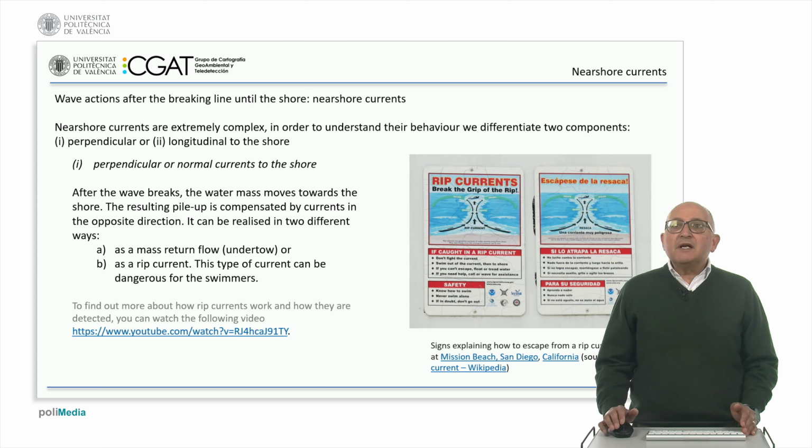The first one is a non-concentrated return flow. The second one is when it is concentrated in a specific corridor or channel. The latter is known as rip current and can be uniquely dangerous to bathers. To know more about the rip current, I suggest you watch the following video.